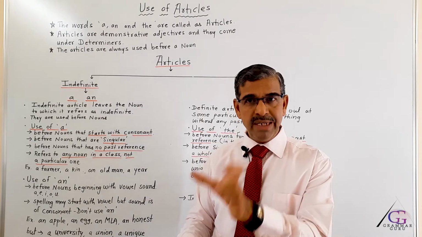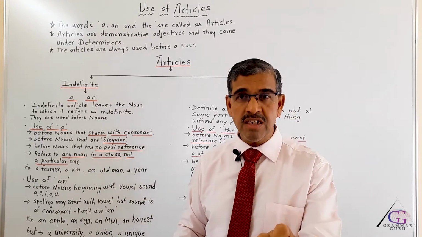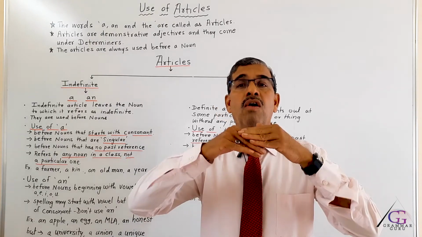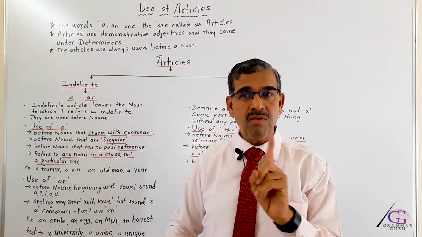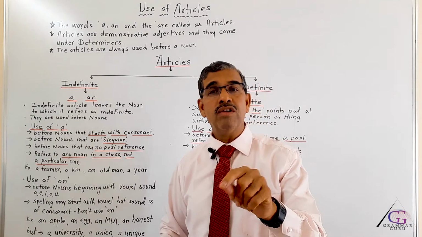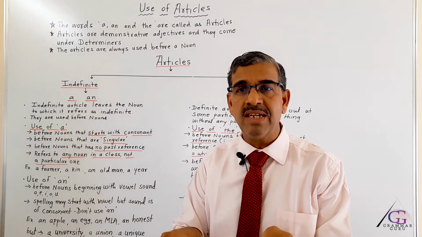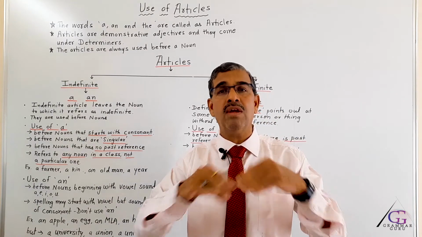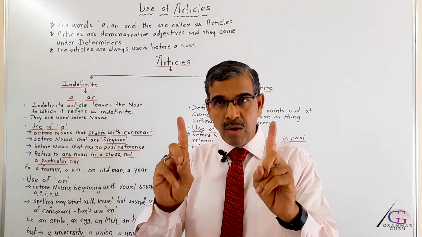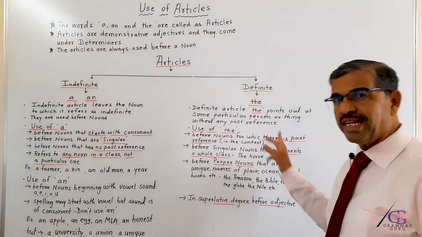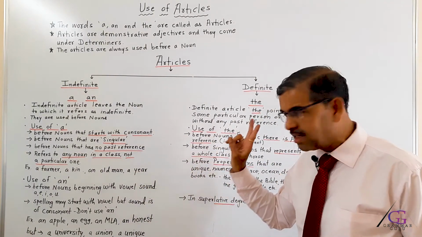If it comes in the middle of a sentence, we have to use the, because we are talking about horse, which talks about all the horses, not only one particular horse. So we don't say a horse, we say the horse, because horse in that sentence is representing the whole class of horses, not only one singular horse. So when one singular noun is representing the whole class, we have to use article the.